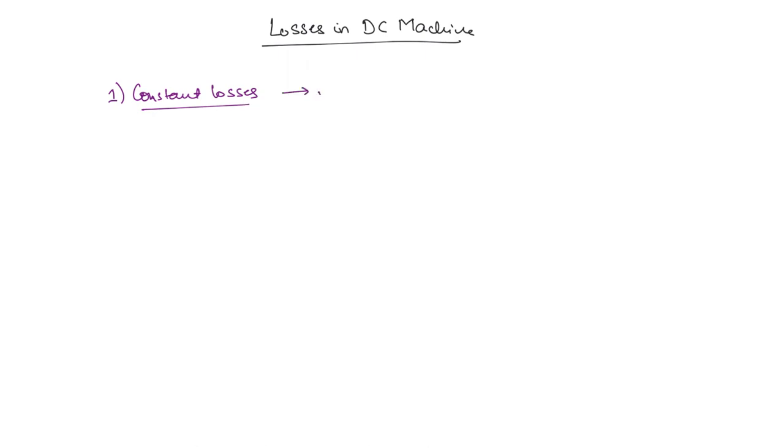The next topic is losses in the DC machine. In any electrical machine, there are going to be two kinds of losses. What are they? First one is the constant losses. That means it will not depend on the load, independent of load variations.